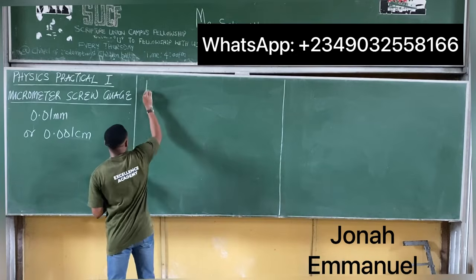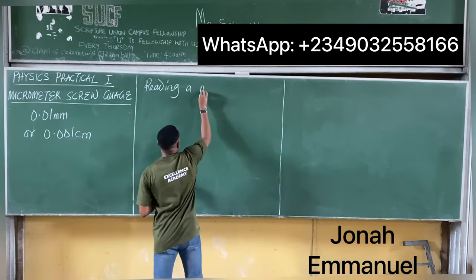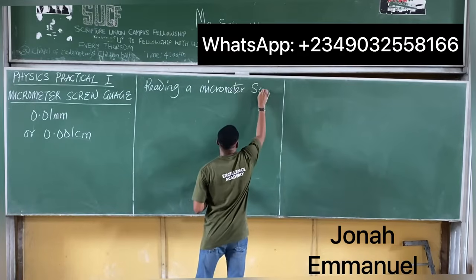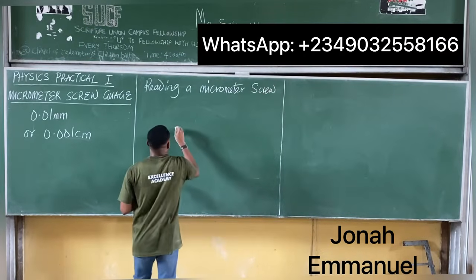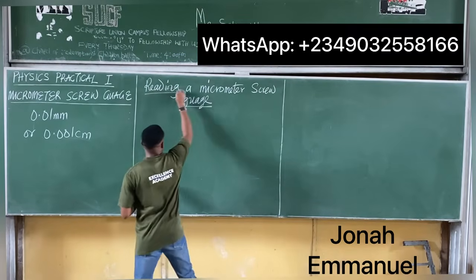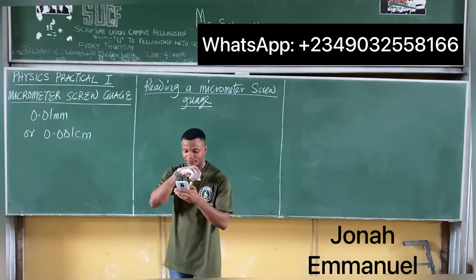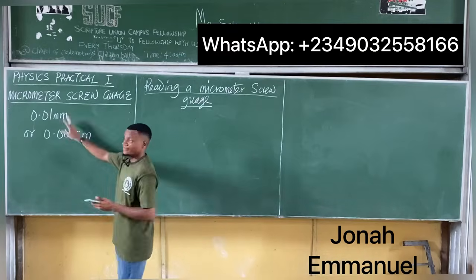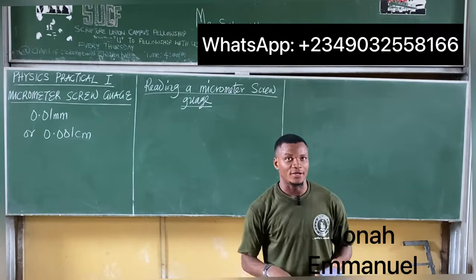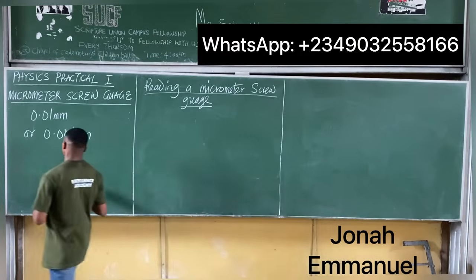Reading a micrometer screw gauge. You can just notice there, the micrometer screw gauge has two types of scale, the main scale and the thimble scale.